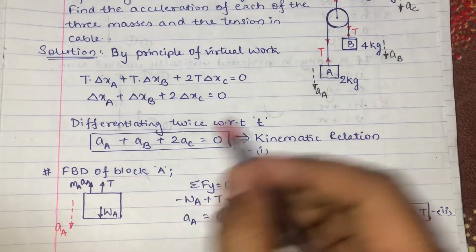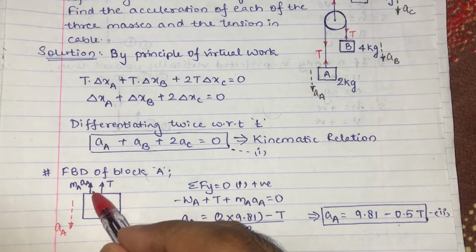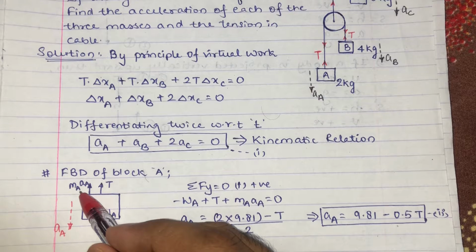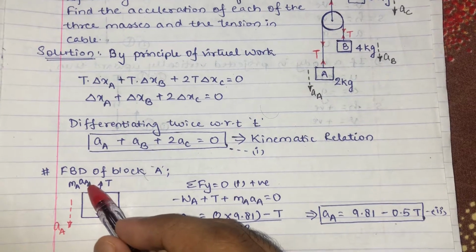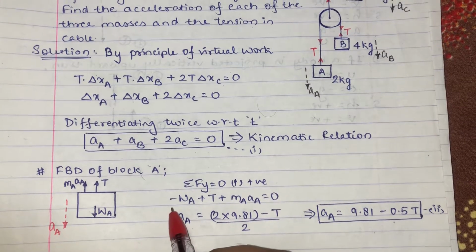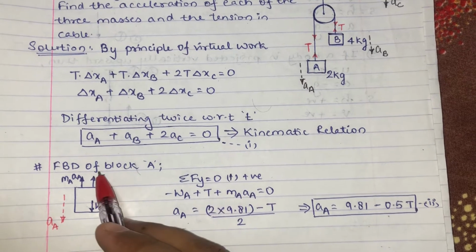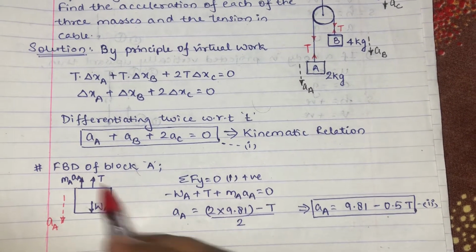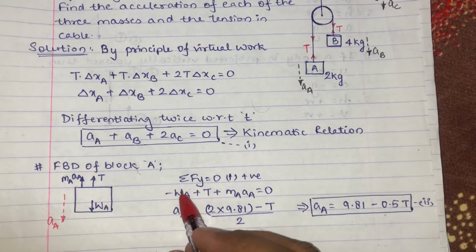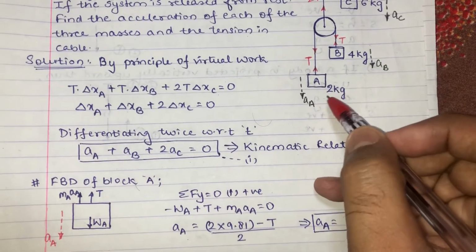As we have assumed the acceleration is downward, opposite to that there is an inertial force, MA, mass of block A times acceleration of block A. Applying summation Fy equals 0, upward positive: minus WA plus T plus MA AA equals 0. WA is 2 into 9.81, as it is 2 kg.